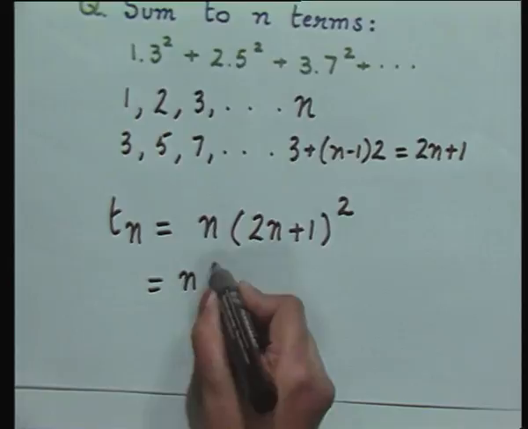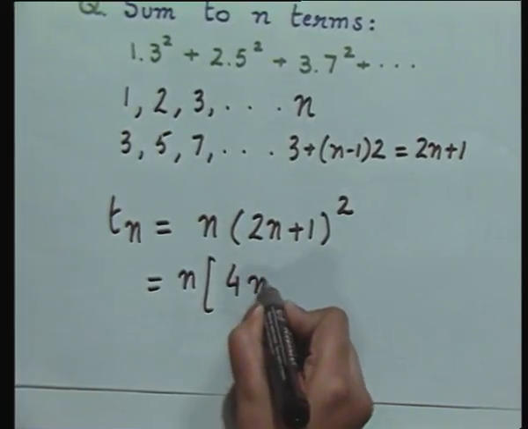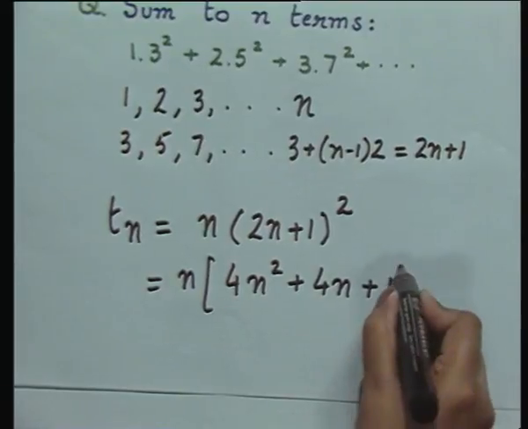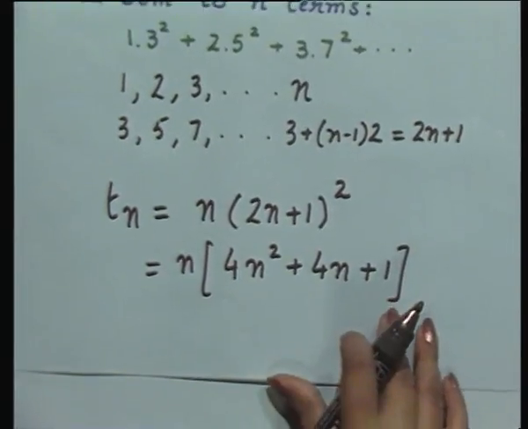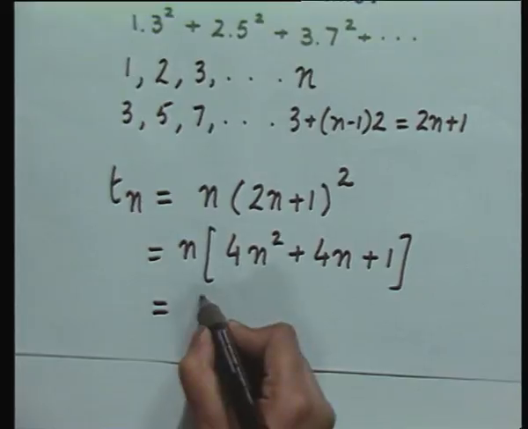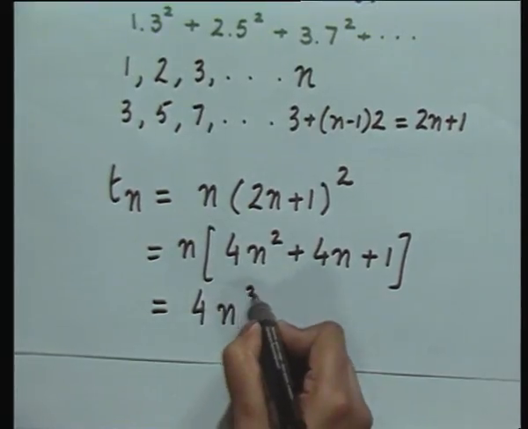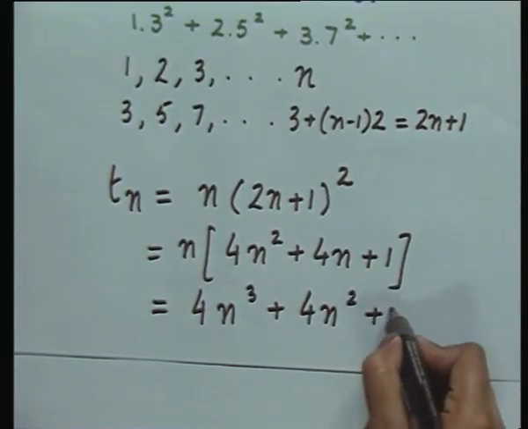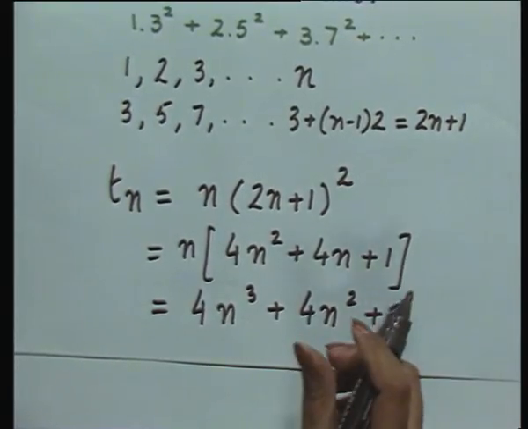It's the same as n into (4n square plus 4n plus 1), and therefore it is the same as writing 4n cube plus 4n square plus n. A rather simple expression, but it is again cubic, and so you will have to use the sum of the cubes of the first n natural numbers.